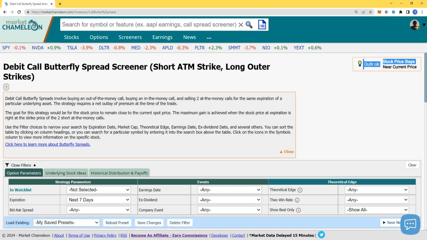Your goal is for the stock or the index, ETF, whatever you use, to not move. The more it stays the same, the more your income will increase and you collect more money. There's a lot of variation for the Butterfly. We're gonna focus on the ones that can generate us the most income based on history, the edge.